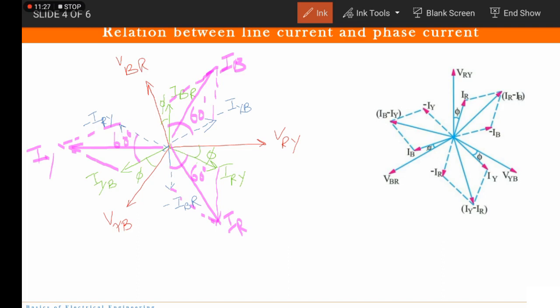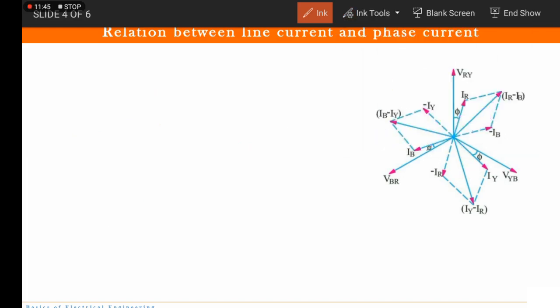Got it? So this is how we are supposed to draw the phasor diagram. I hope you understood how to draw the phasor diagram. So I shall erase this now. Now you know how to draw the phasor diagram.